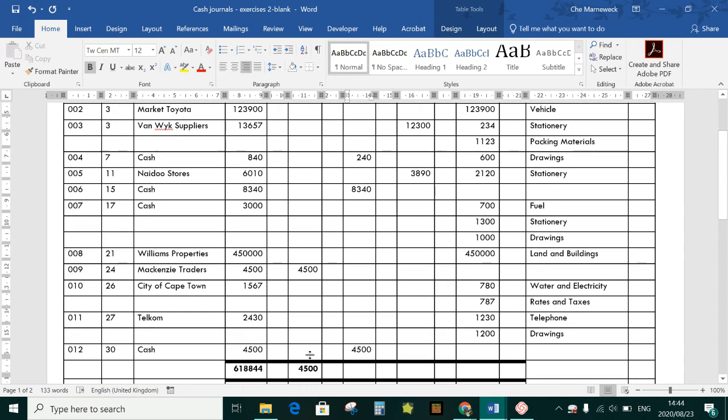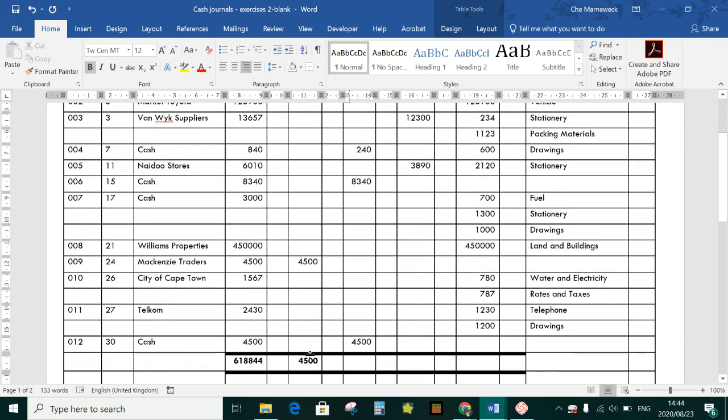Then have wages, 240 plus 8,340 plus 4,500. 13,080. So that must be an 8.